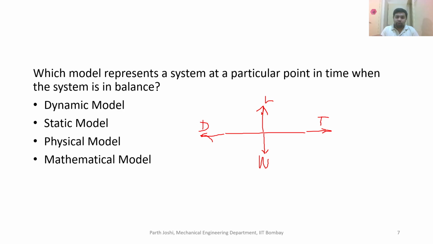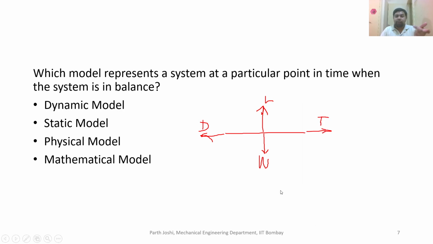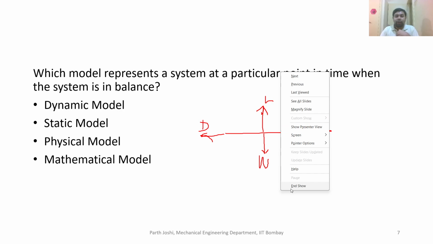So this is an example of a static condition. Although the aircraft is actually moving, it is moving at constant speed. As per Newton's first law, we can say that it's in a state of uniform motion. So it can be called a static state.